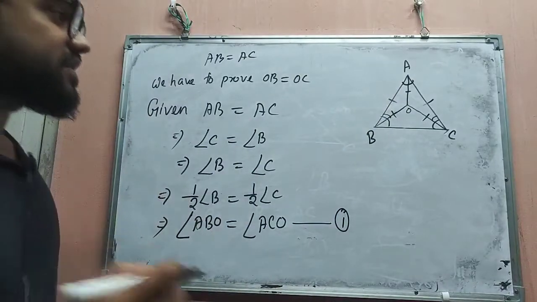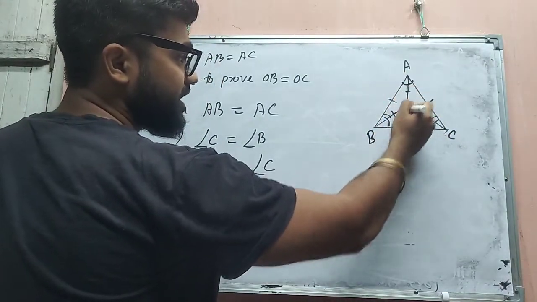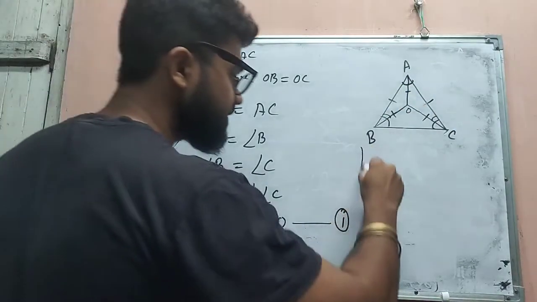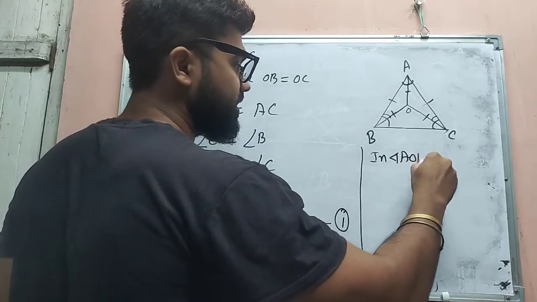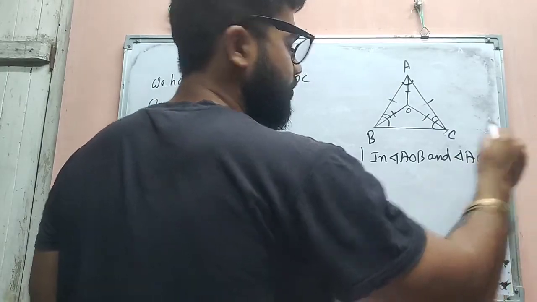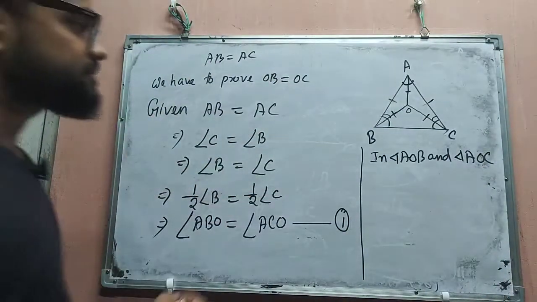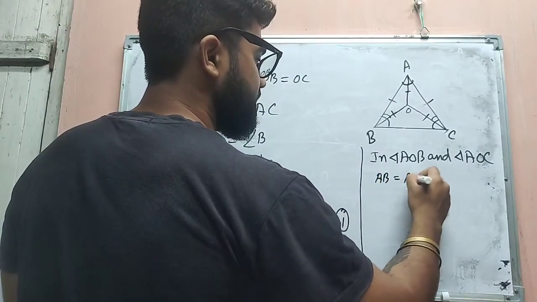We must see that the sides OB and OC are contained in triangle AOB and triangle AOC. So how do we write it? In triangle AOB and triangle AOC, first, AB equals AC.